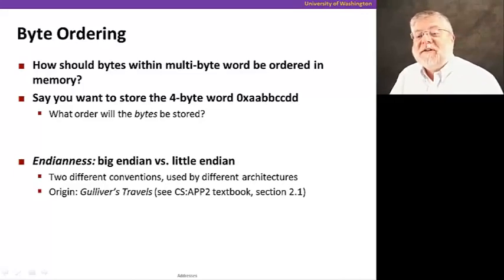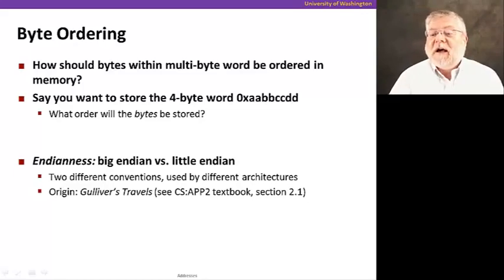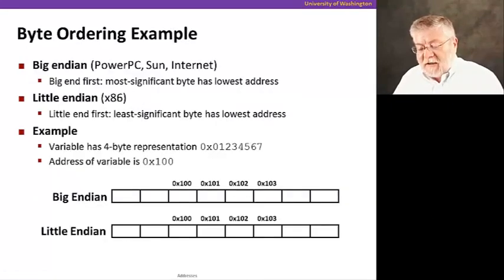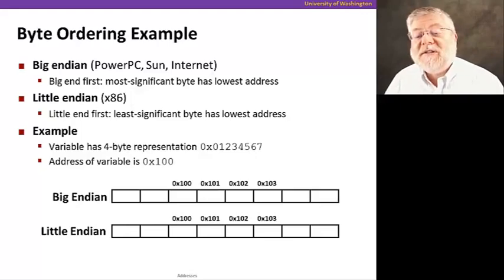You can read about this in the textbook by Bryant and O'Hallaron that we're using as a reference text for this class. Basically, in big endian notation, the most significant byte of the number goes to the lowest address, and in little endian notation, the least significant byte goes to the lowest address.